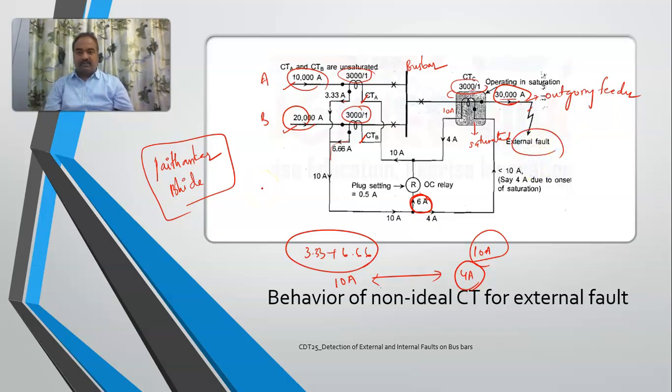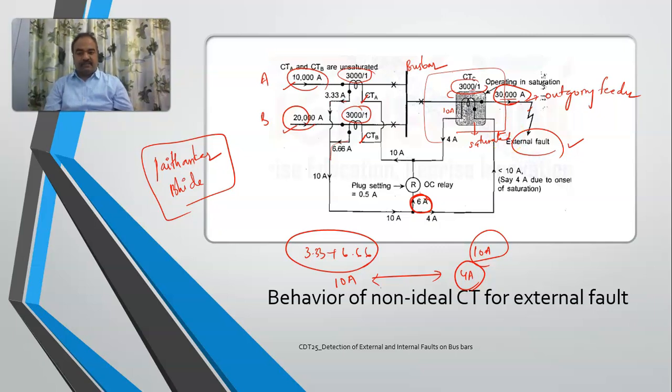Normally for external faults, the relay shouldn't operate. But here in this case, what is happening? Even though there is an external fault, the relay is operating because of the saturation of one of the CTs. I am assuming that only one CT is saturated. A and B are not saturated because they are carrying less amount of current when compared to this. Since it is carrying huge current, there is a higher probability of it getting saturated.